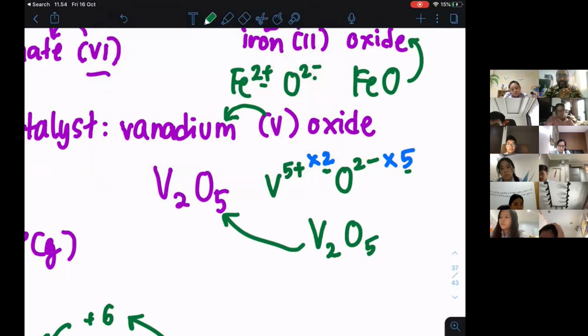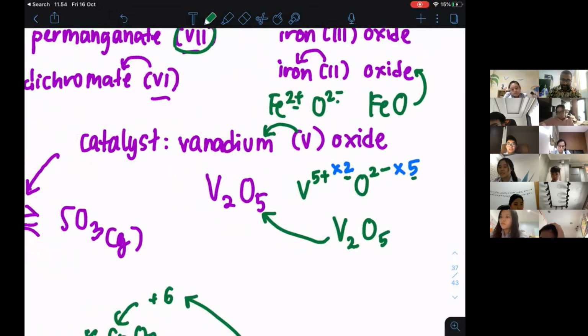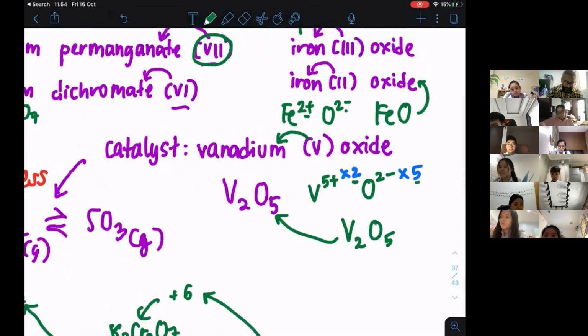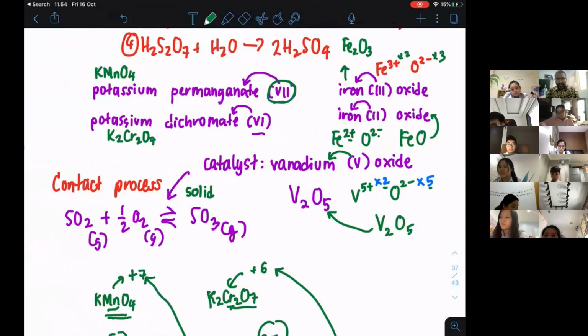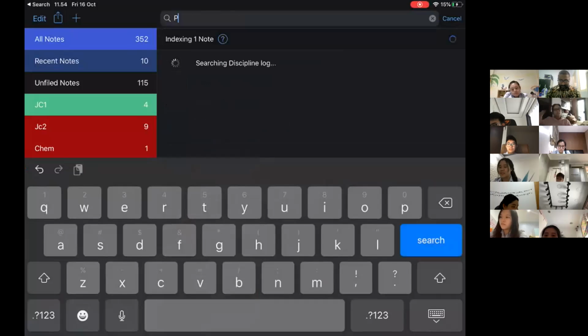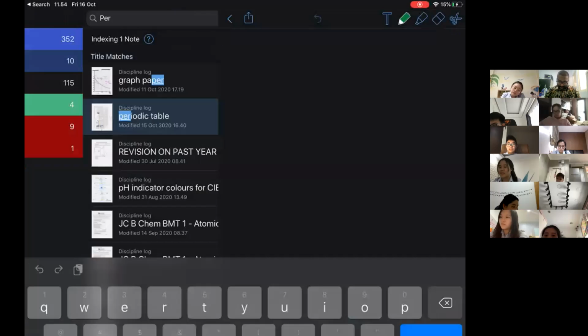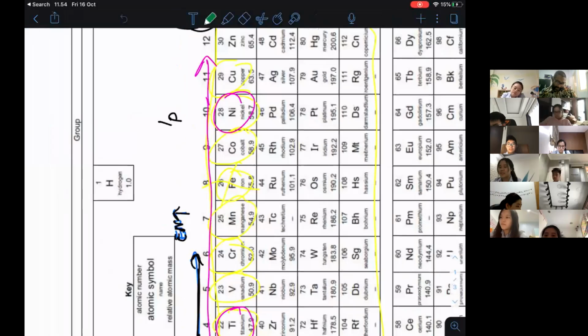So anyway, V2O5, vanadium 5 oxide. Coming back to our question, vanadium 5 oxide is a solid. If you look at your periodic table, let me show you very fast. Let's have a look at the position of vanadium.